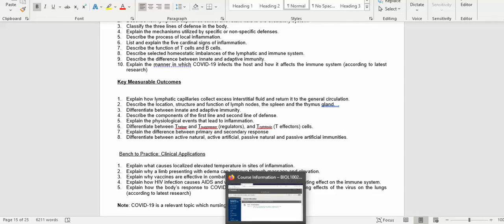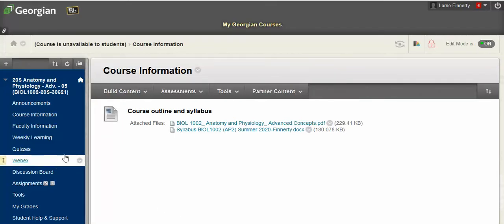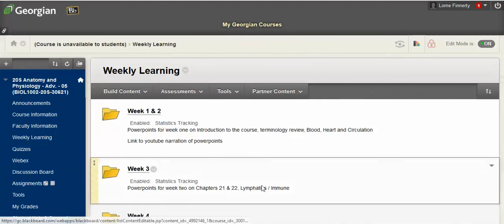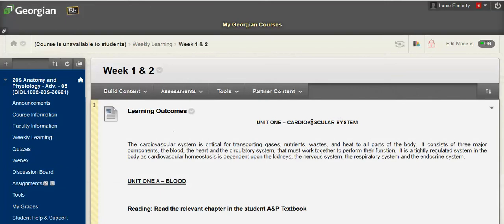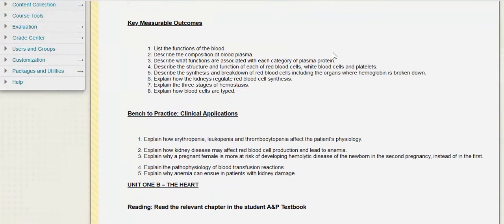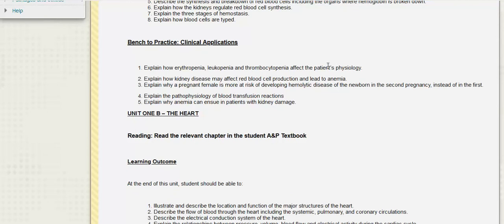Okay, back to this. Under weekly learning, weeks 1 and 2, which is the cardiovascular system, you click on Unit 1, and I've reposted the exact same thing that's in the syllabus.